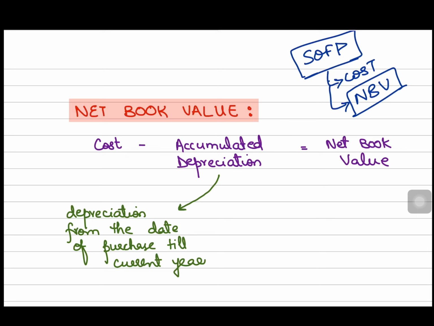So how do we arrive at net book value? Net book value is calculated by subtracting the accumulated depreciation from the cost of your non-current assets. There is no difficulty in calculating cost. This is the purchase price of the non-current asset. But what is the accumulated depreciation?